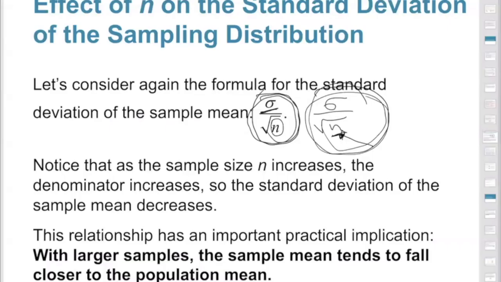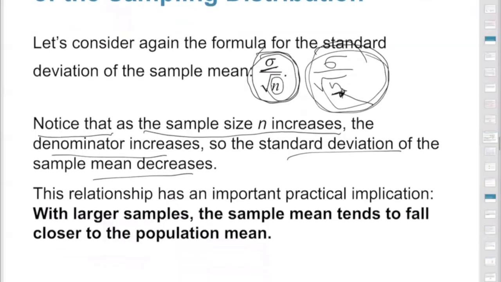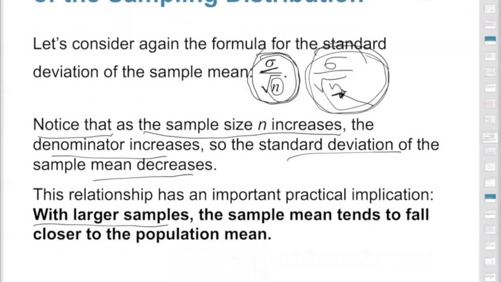As you can see, as the sample size increases, what will happen to the denominator? It increases, right? And then the standard deviation decreases. That means with larger samples, the sample mean tends to fall closer to the population mean, because the variability around the population mean is lower and lower.